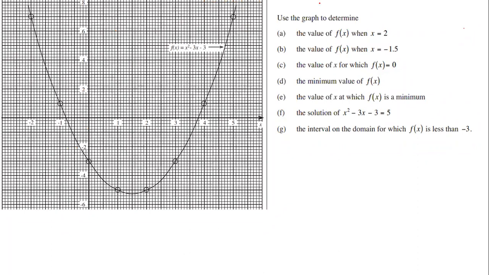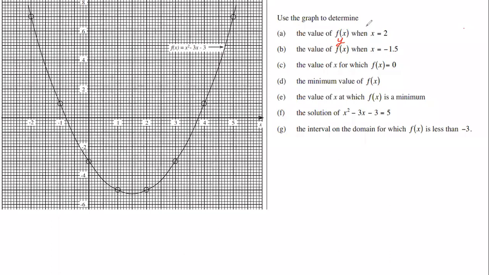Using the graph, wherever you see f(x), just remember that it is the same as y. So find the value of y when x is equal to 2.